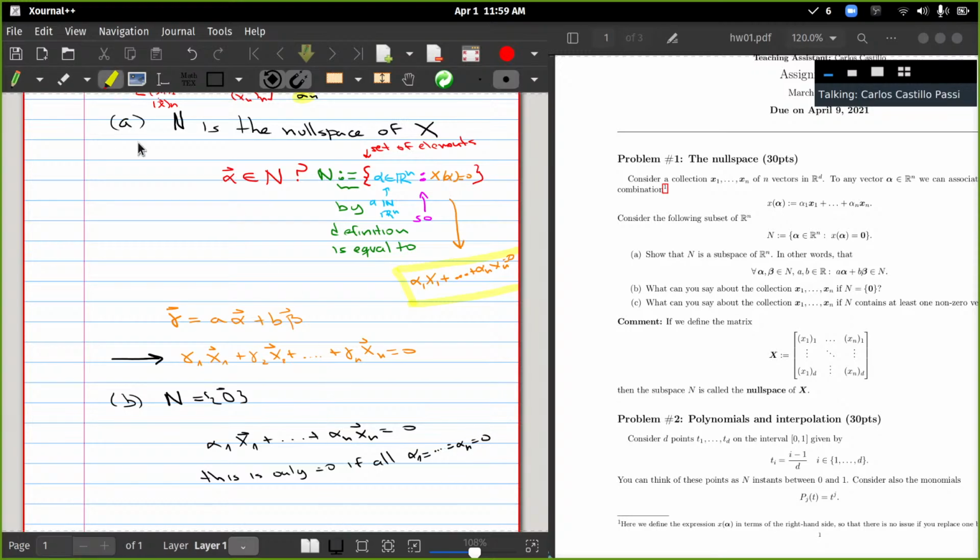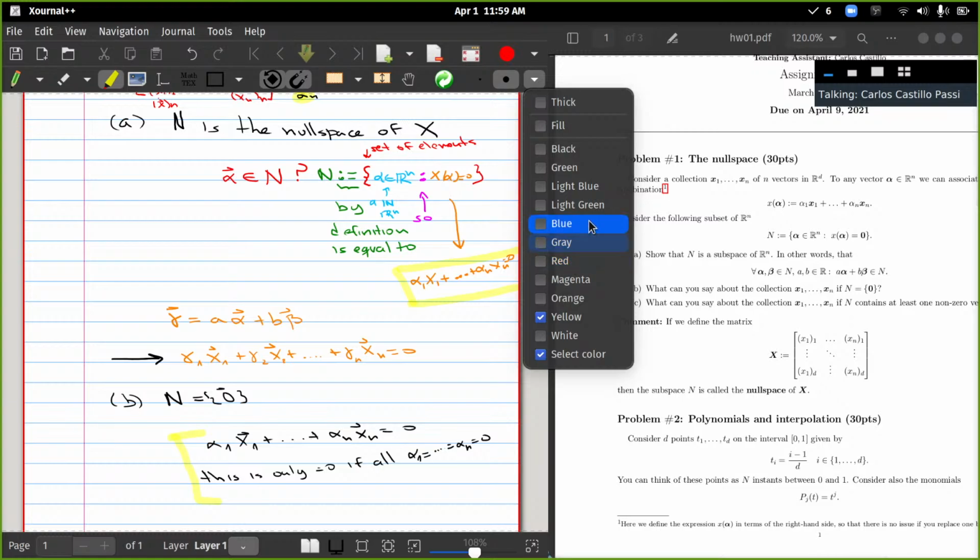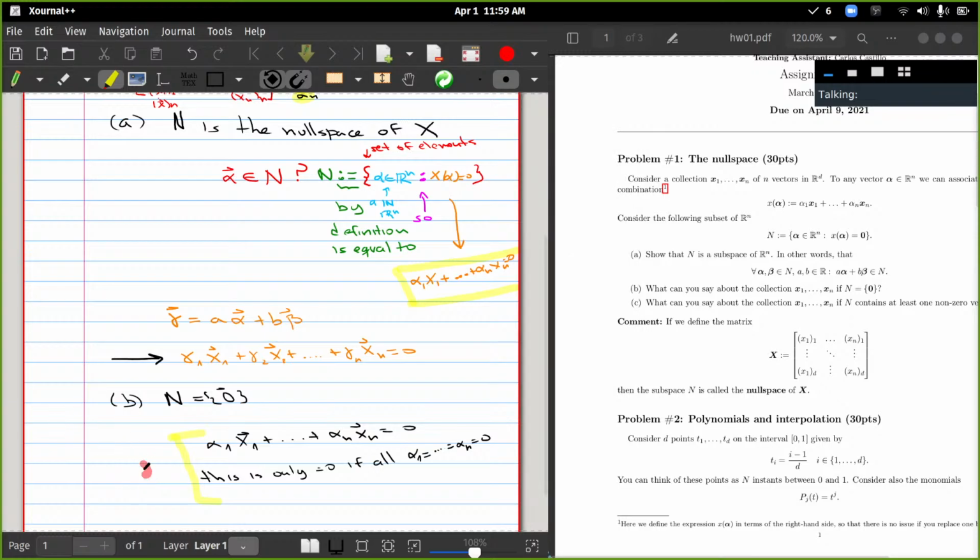And this here is a definition for linear independence.